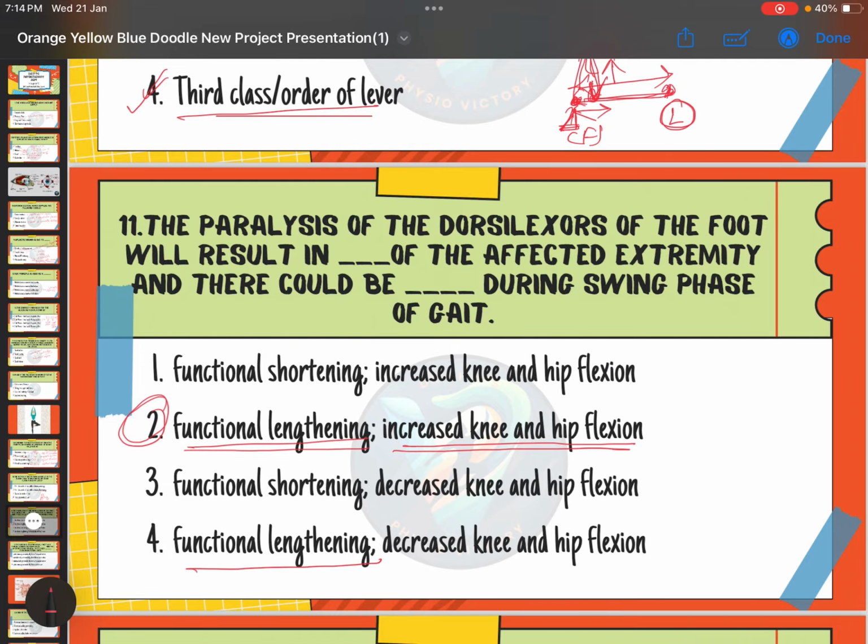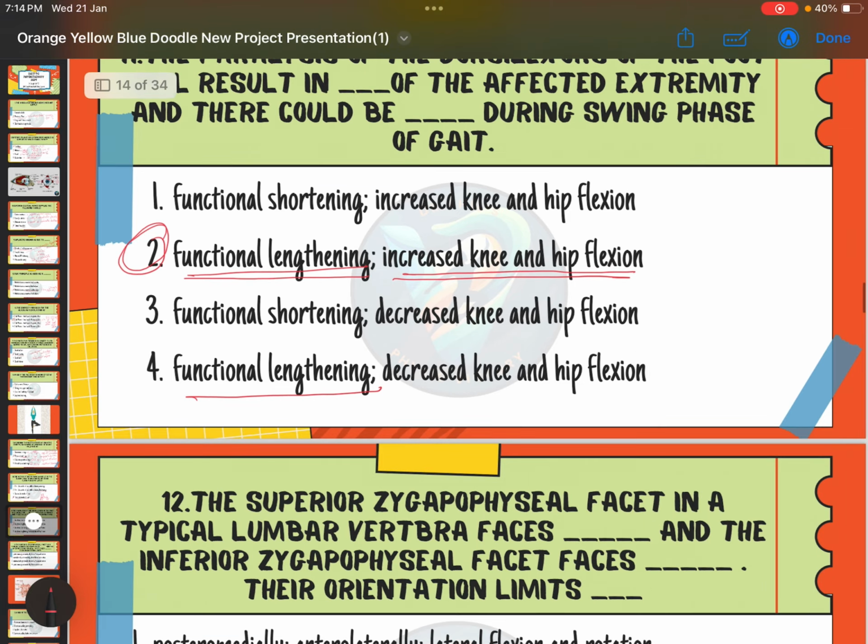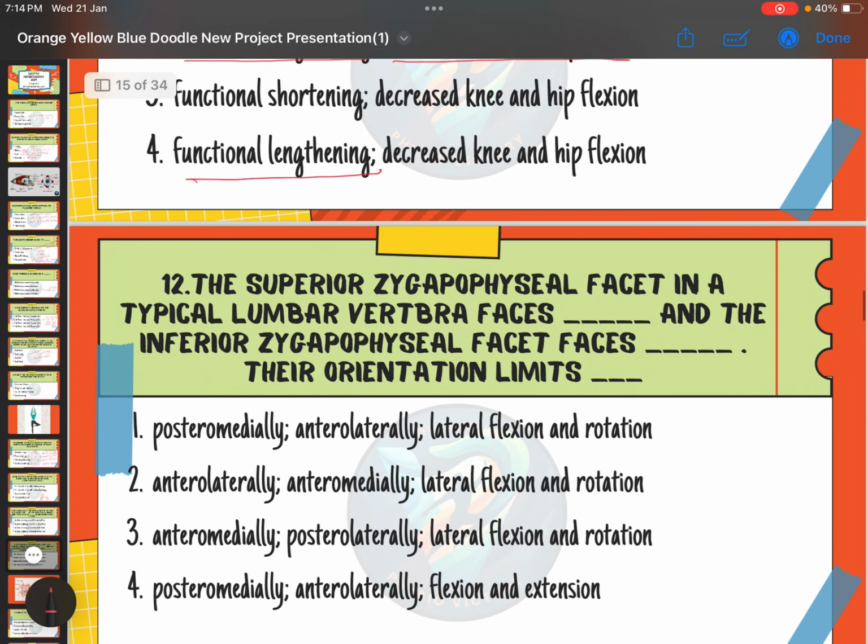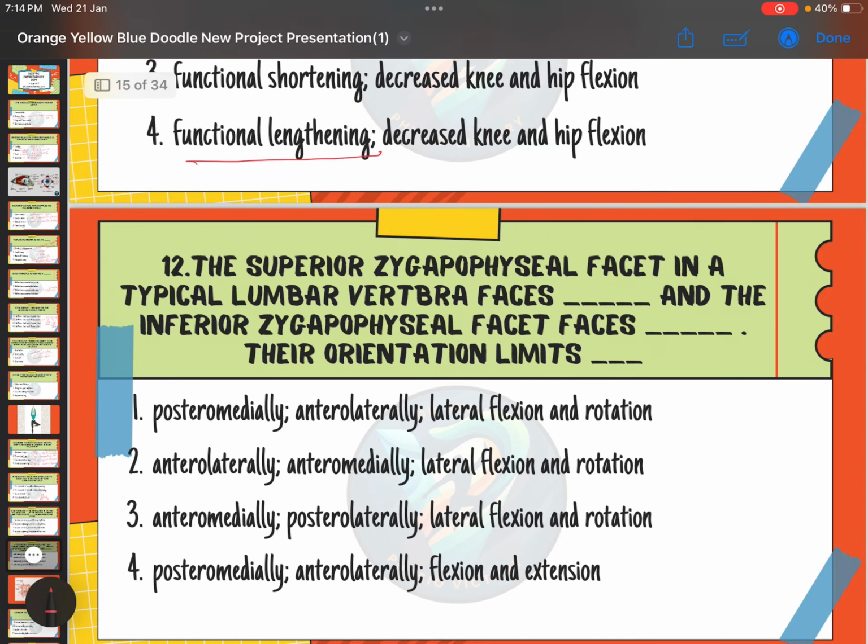Next, come to question number 12. The superior zygapophysial facet in a typical lumbar vertebra faces dash, and inferior zygapophysial facet faces dash. Their orientation limits dash.